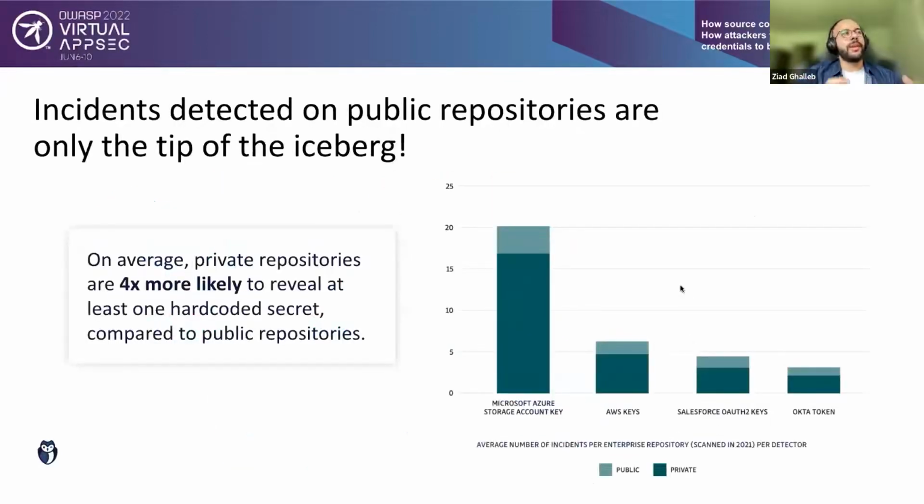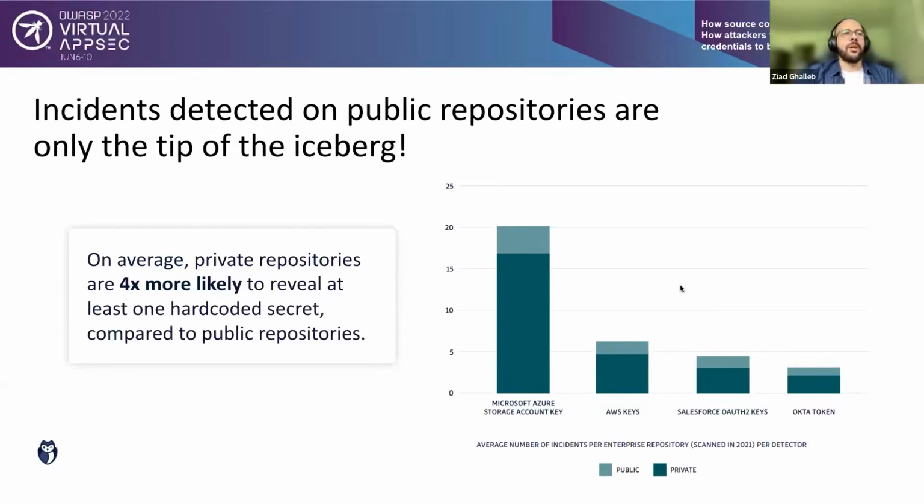Now, we also looked at not only public GitHub repositories, but the repositories of GitGuardian users. And the public repositories turned out to be just the tip of the iceberg. Private repositories are 4 times more likely to reveal at least one hard-coded secret when compared to public repositories, and this is for enterprise companies.